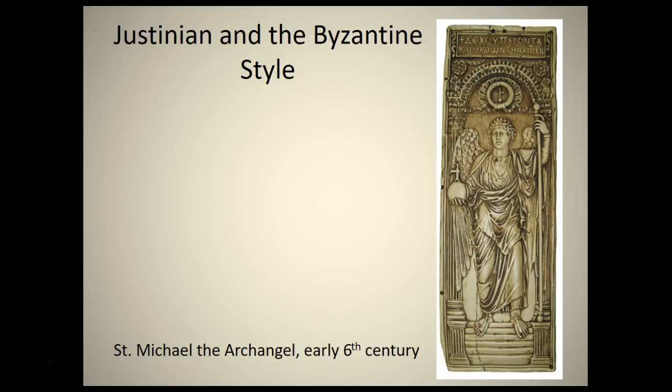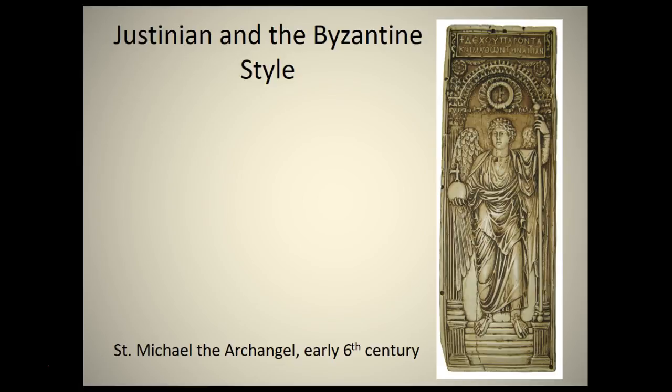Here, St. Michael resembles a Nike figure, a winged victory that we saw represented in examples in the Parthenon, the Pantheon, and the Winged Victory of Samothrace from the Hellenistic Greek period.